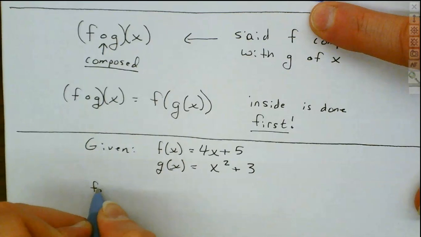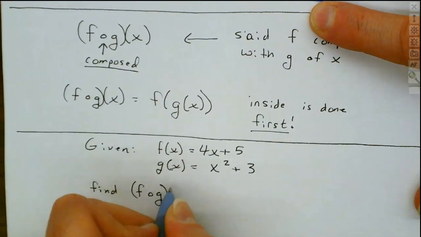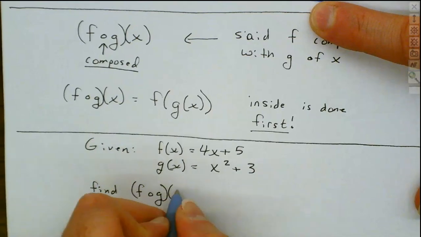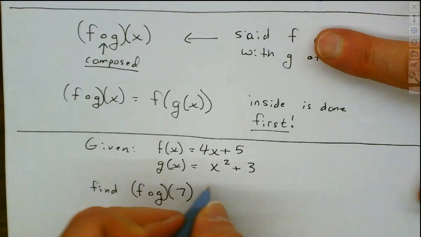I want you to find f composed with g of 7. So let's take a moment to think about what our answer is going to be. And I know it's simple, but a lot of times this is where students get confused. Numbers inside, number better come out for my answer. Right? 7's inside, number better come out.